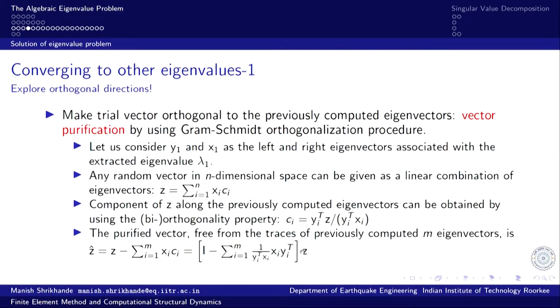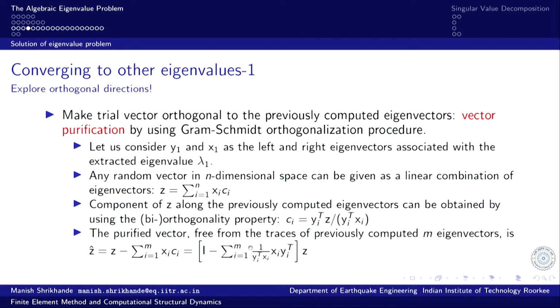So, this matrix is called the sweeping matrix, and when it is multiplied with any trial vector, effectively what it does is implement this process of computing the component and then subtracting the traces.